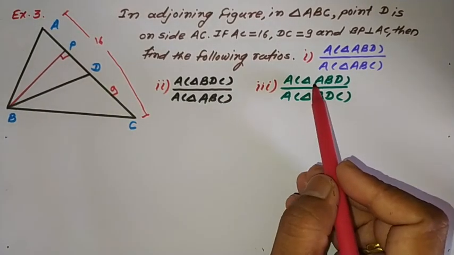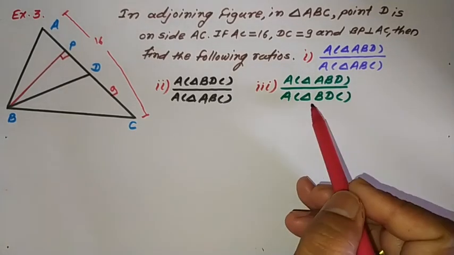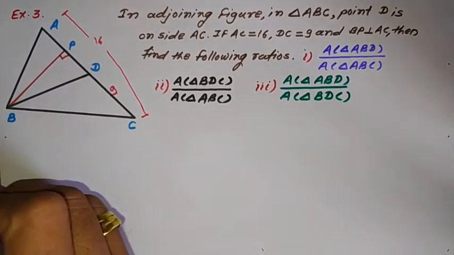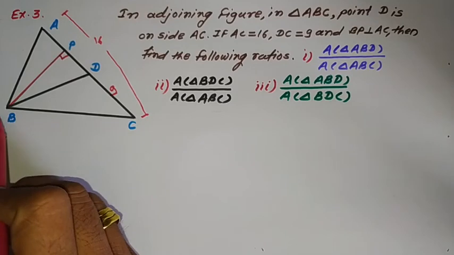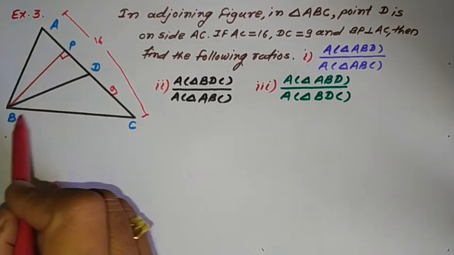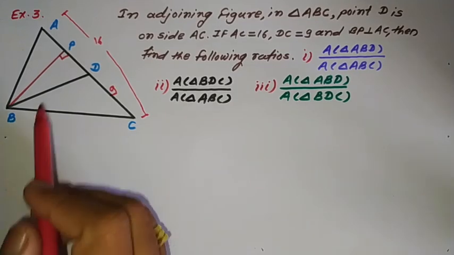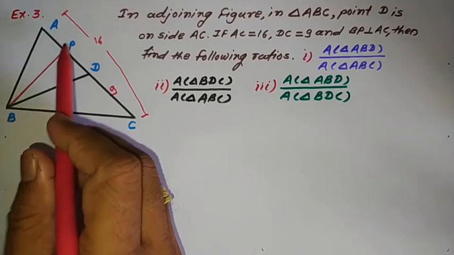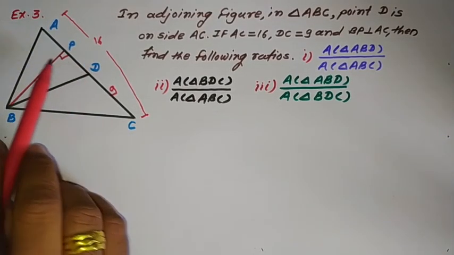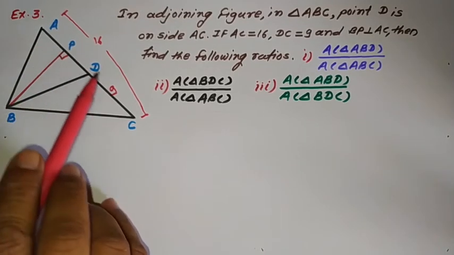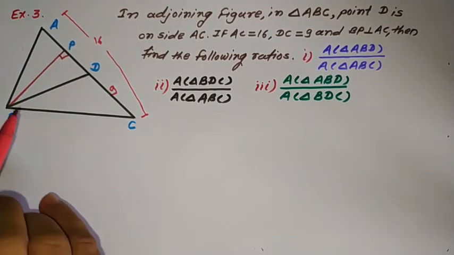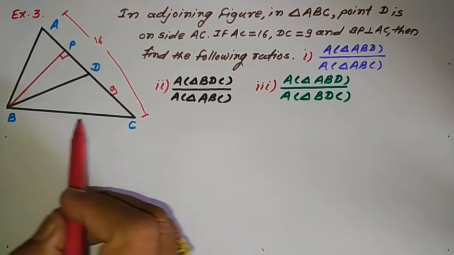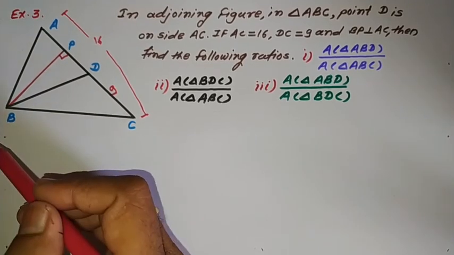Third, area of triangle ABD upon area of triangle BDC. In this figure, point B is a common vertex of triangles ABD, BDC, ABC and ABP. Their sides AP, PD, AD, DC and AC are collinear. The heights of all triangles are equal, hence the areas of these triangles are proportional to their bases.